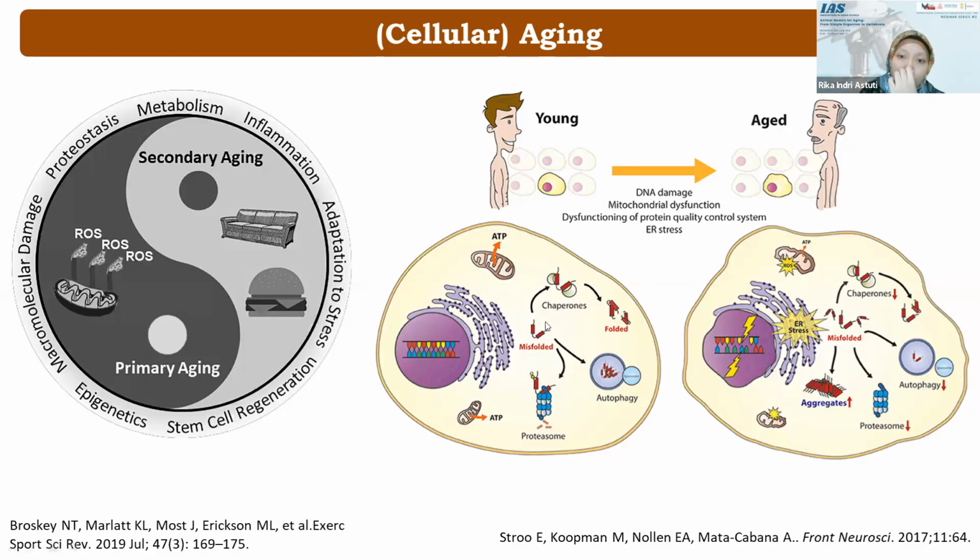When there is a misfolded or non-functional protein, young cells can easily do quality control. They use chaperones, autophagy, and the proteasome to diminish this misfolded protein, and even use it as a source of energy by autophagy. In old cells, such sophisticated mechanisms may occur, but slowly, or sometimes cannot occur at all because the condition is very severe.